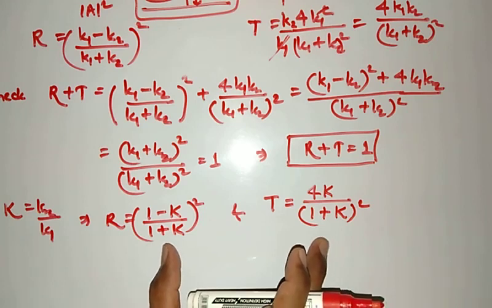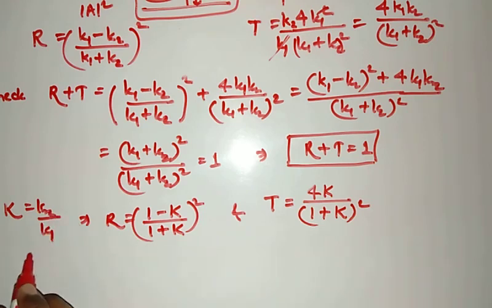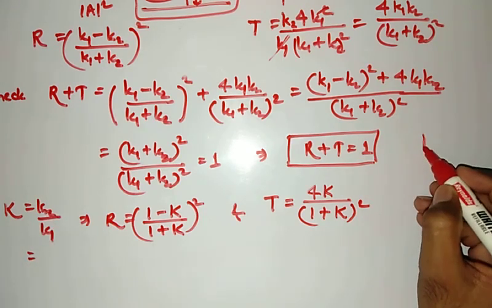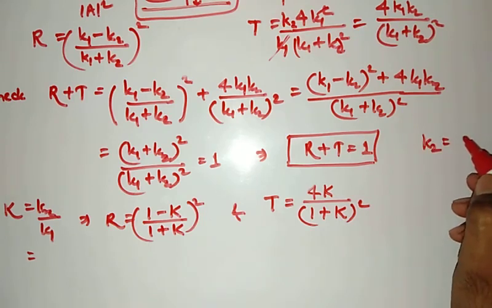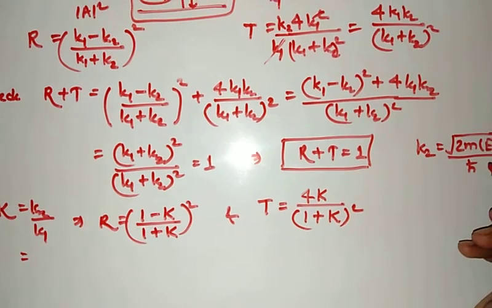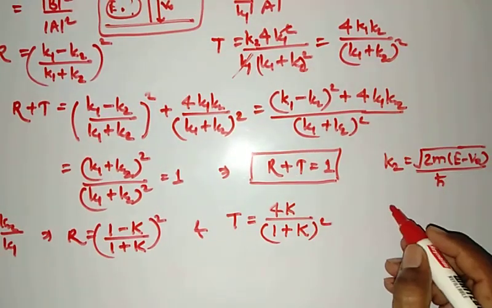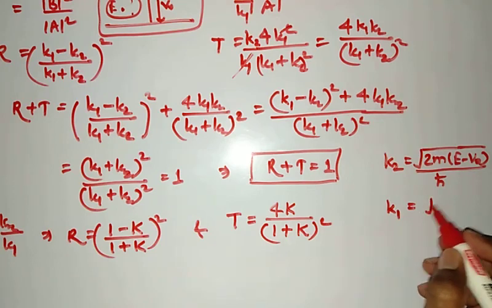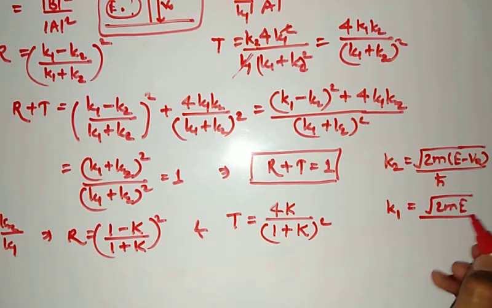Why have we introduced this? Just evaluate from here, k2 by k1. What is k2 by k1? Again recalling, k2 was under root 2m(E minus V naught) upon ħ, and k1 is under root 2mE upon ħ.